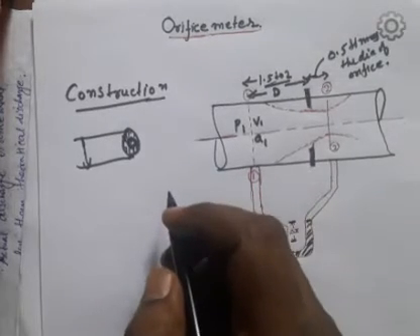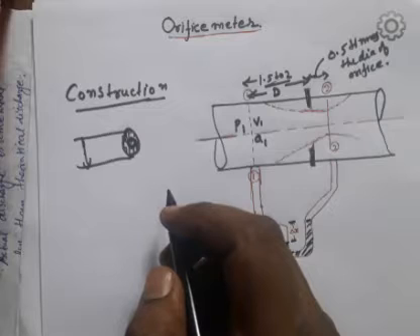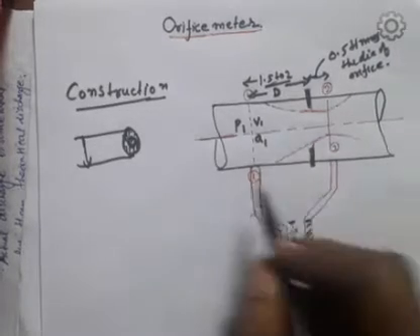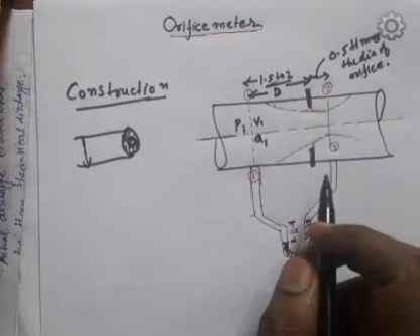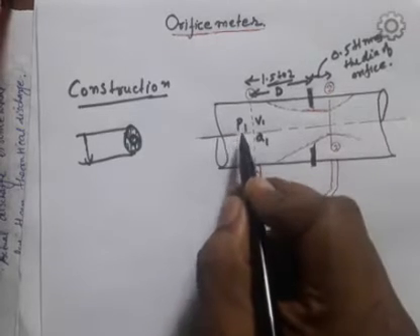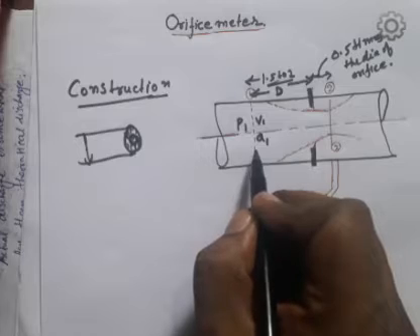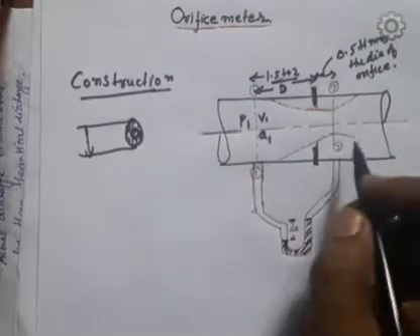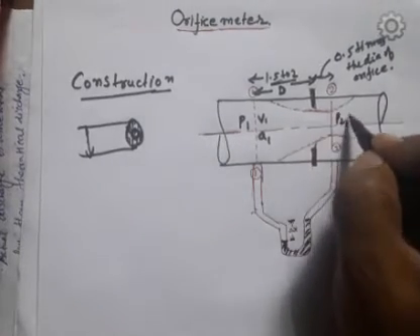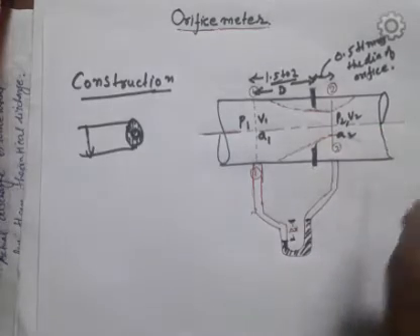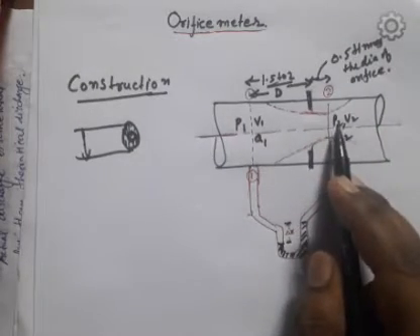Now as I have told the construction of the Venturi meter, P1 is the pressure at section 1, V1 is the velocity at section 1, A1 is the area of the section at 1, and corresponding P2, V2 and A2 are the pressure, velocity and area at section 2.